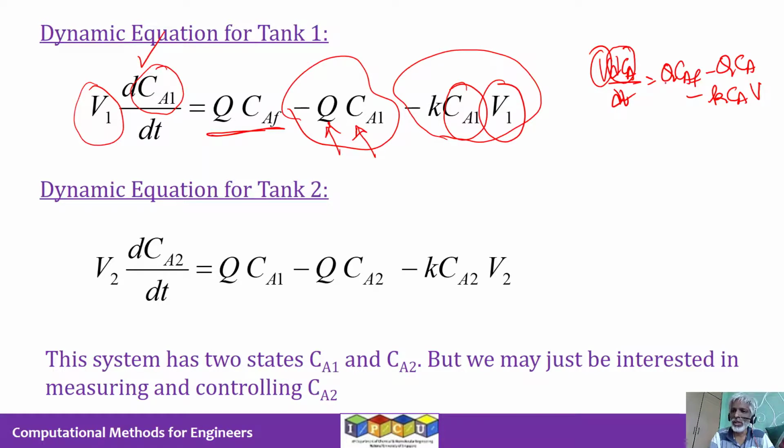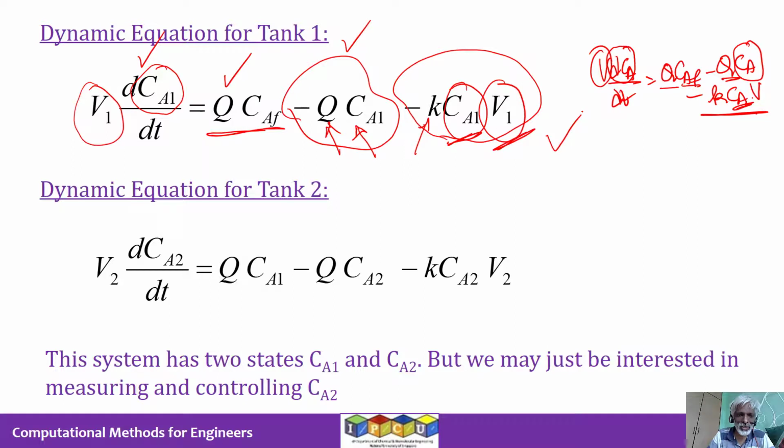The symbols for the feed flow rate and feed composition remain the same. The outflow is Q; there we had CA, here the concentration of the stream leaving the first reactor is CA1. For the reaction term, we had K CA V. Now V has to be replaced by V1, and the concentration of A in reactor 1 is CA1. The reaction rate constant is the same symbol K. So this equation makes sense.